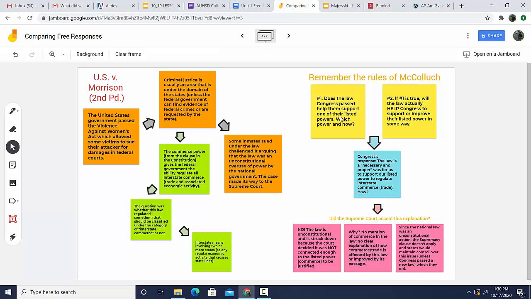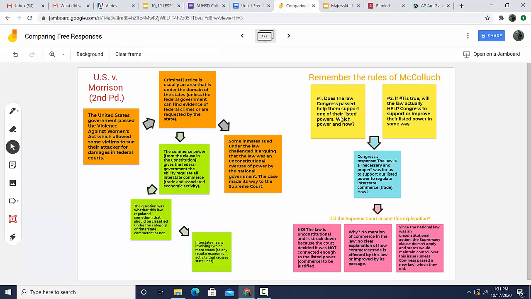How? Well, they weren't really clear, to be honest. They kind of argued that maybe commerce should be involved in the amount of money that the crime victims would be receiving back. And since they were receiving financial penalties or financial amounts, that amounted to commerce.